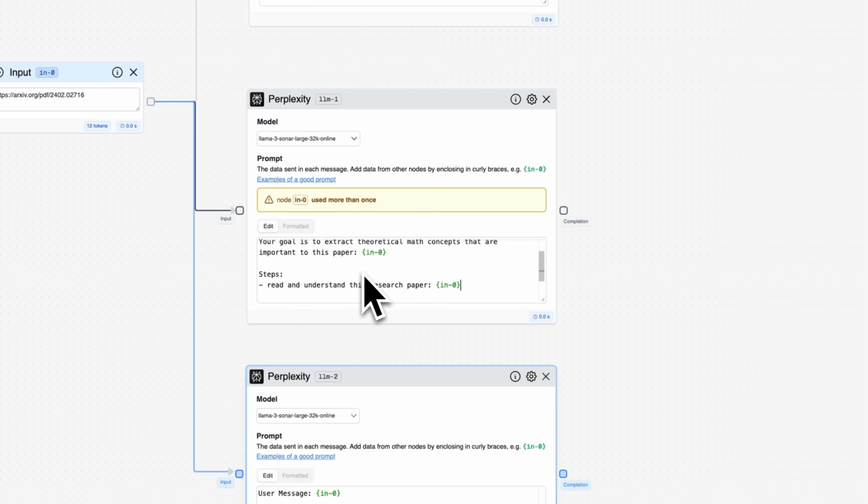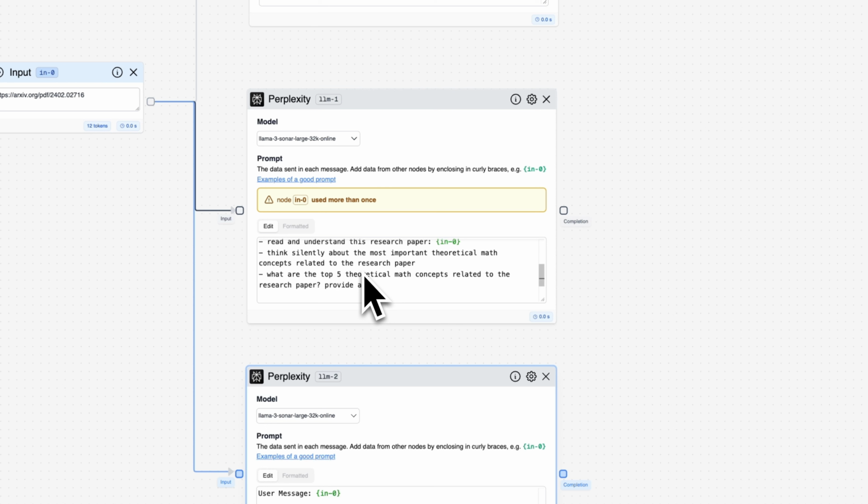Okay, so the first step is to read and understand the research paper, and then I want it to think first. So think silently about the most important theoretical math concepts related to the research paper. And then we could say, what are the top 5 theoretical math concepts related to the research paper?